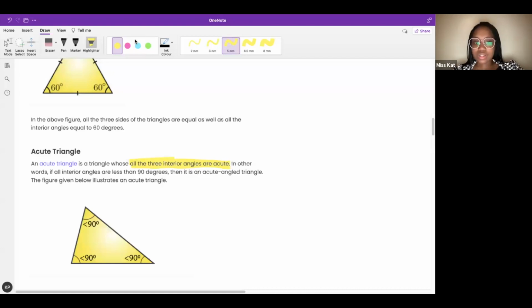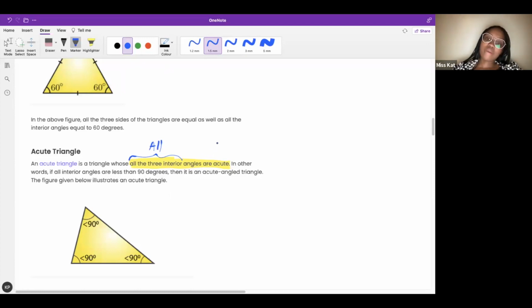Look there, it's showing you this angle is less than 90, less than 90, and less than 90. Also pay attention, it said all of them, not one of them, or maybe 2 of them. All 3 angles will be acute.